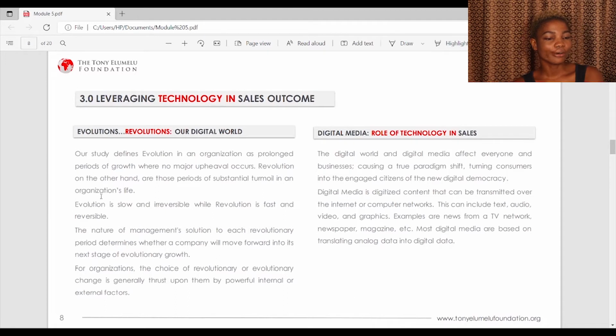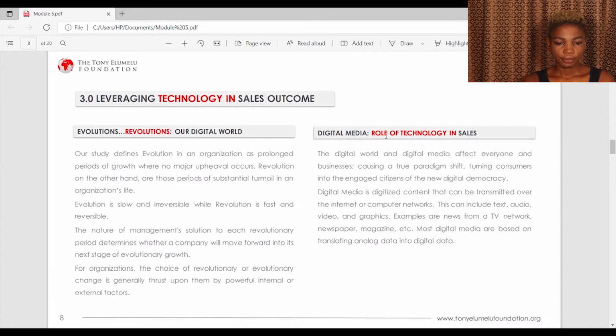But revolution, on the other hand, are periods of substantial turmoil in an organization's life. So revolution occurs substantially, whereas evolution does not. Evolution is actually a long period of time in a business. The nature of management solution for each evolutionary period determines whether a company will move forward into its next stage of evolutionary growth.